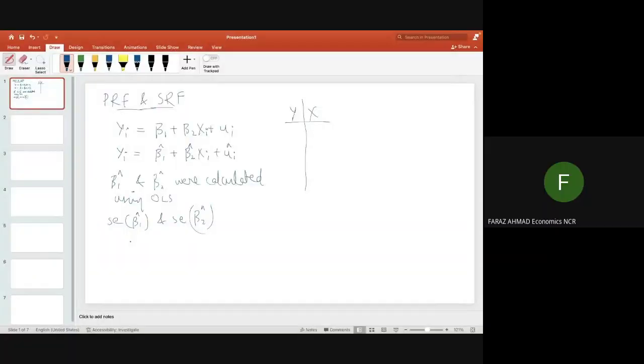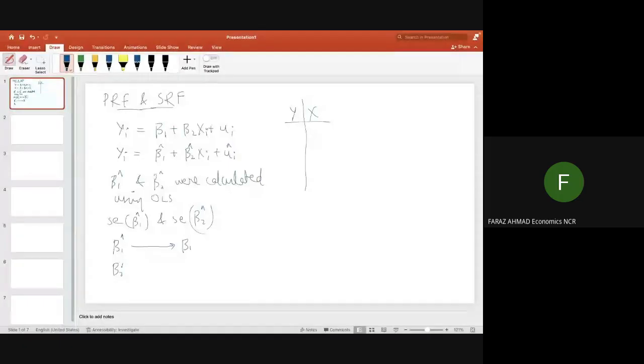Then I said that standard errors are the connect between beta 1 hat and beta 1, similarly beta 2 hat and the true population parameter beta 2.